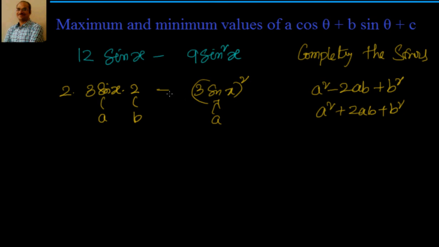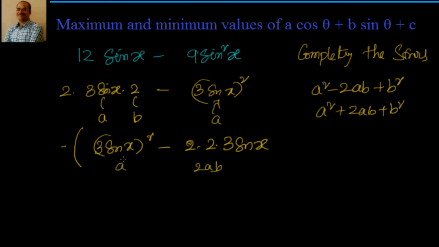multiplied by minus. So what I will do is take a negative of this and say this is nothing but equal to 3 sin x whole square minus 2 into 3 sin x. Now this is nothing but a square minus 2ab. I am missing the b square term. What is b?